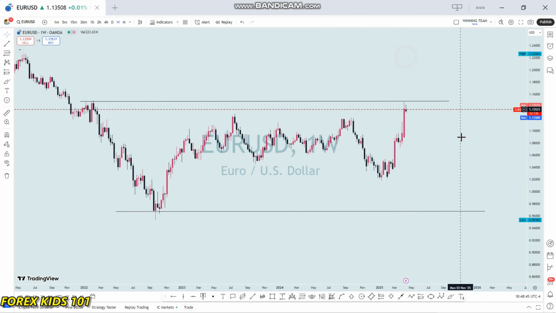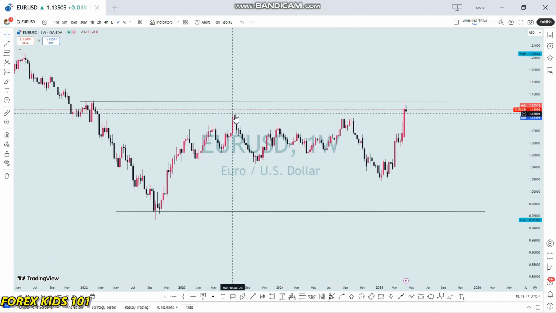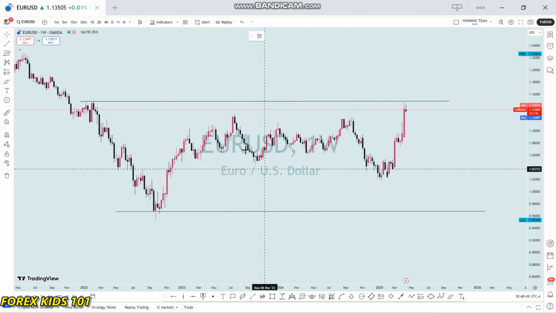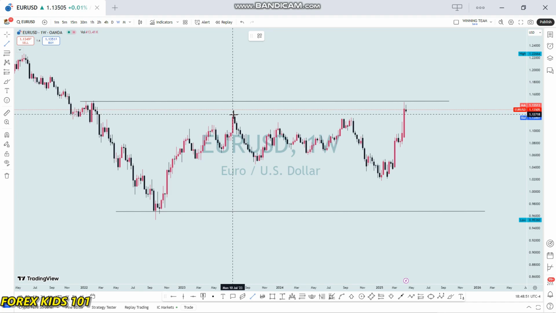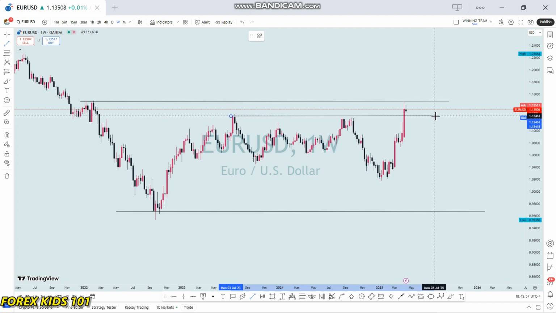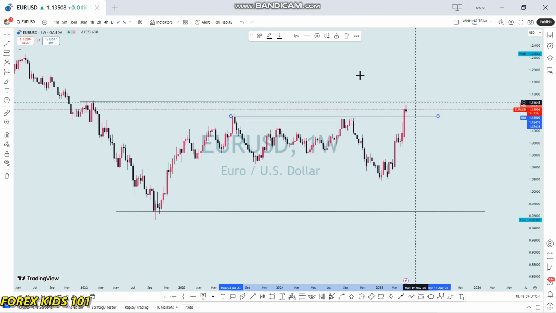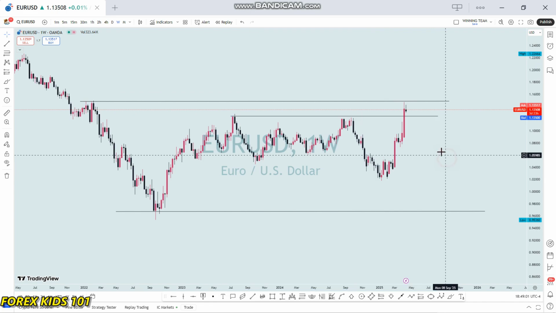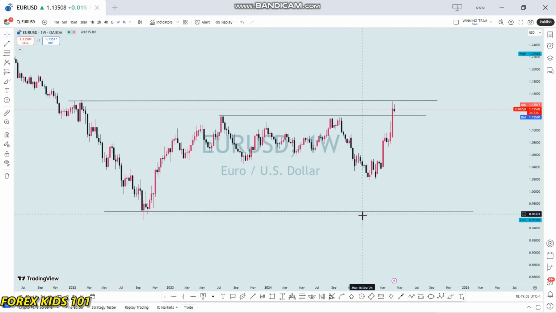About this area here. We also have these internal structures here, which I would like us to look into. So I'm just gonna go ahead and mark there. Again, I'm gonna be looking at this area here.